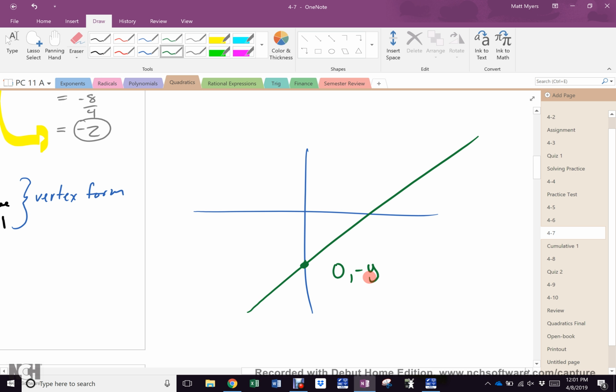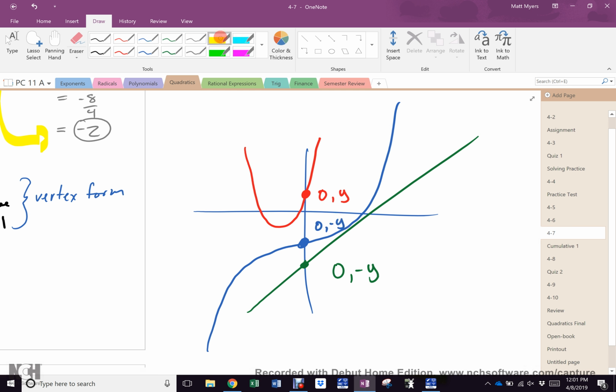Okay. What are the coordinates of that y-intercept? 0, positive y. Everybody cool? What are the coordinates of that y-intercept? 0, negative y. Agreed?